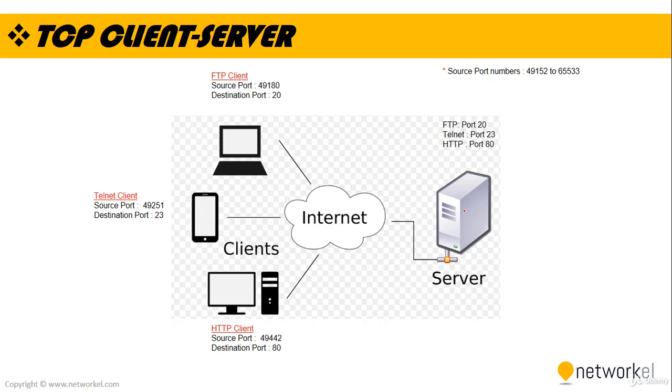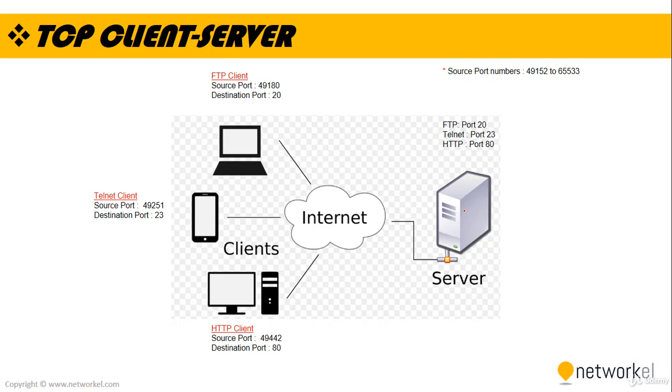For example, if you try to open the networkel.com webpage, your computer's web browser is the client that requested services from the networkel.com server, which technically is called an HTTP server, so you could read the web page of networkel.